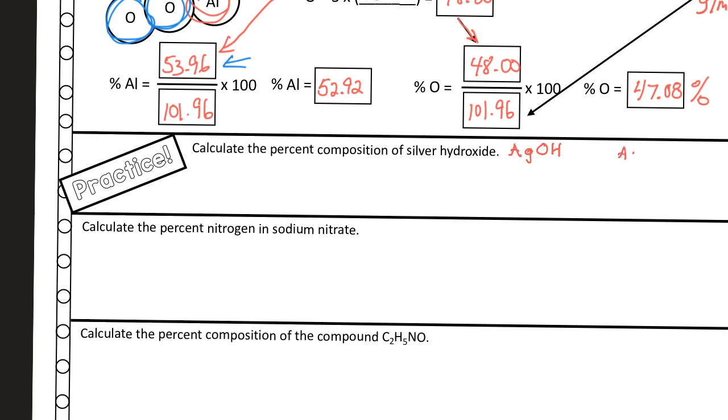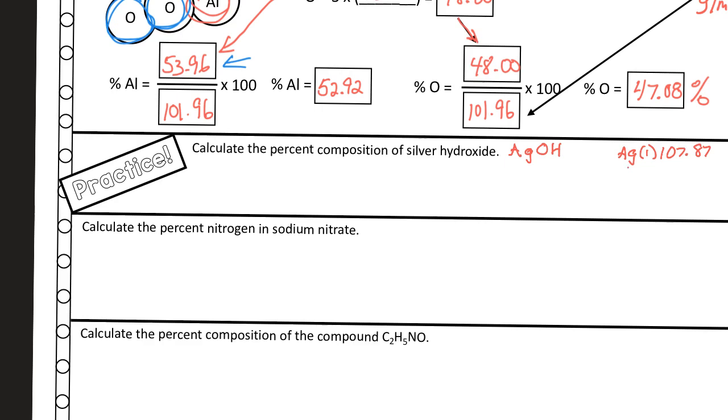So Ag, we have one of those, and each one of them weighs, where is my periodic table? Let me put this on pause so I can, well actually, I think I've got it written right down here. There we go. There it is. 107.87.